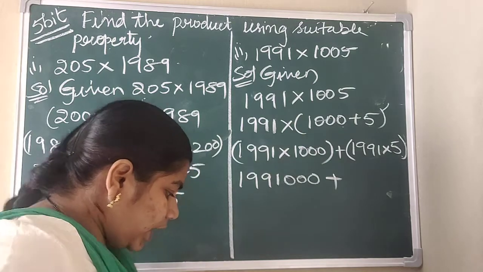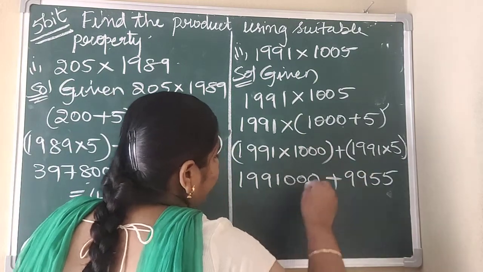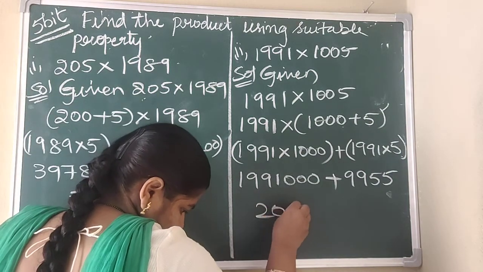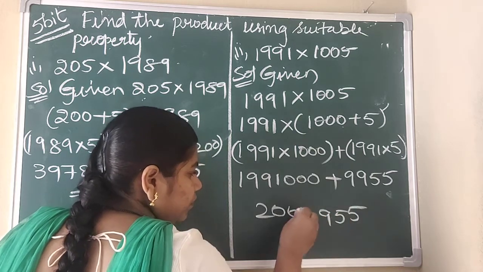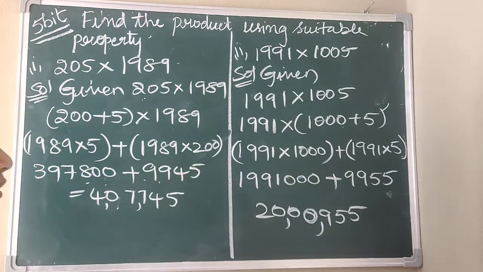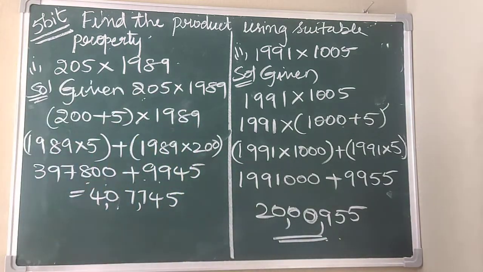If you do, that will be 9955. Now we have to add these two values, that will be 20,00,955. So this is our answer of the fifth question.